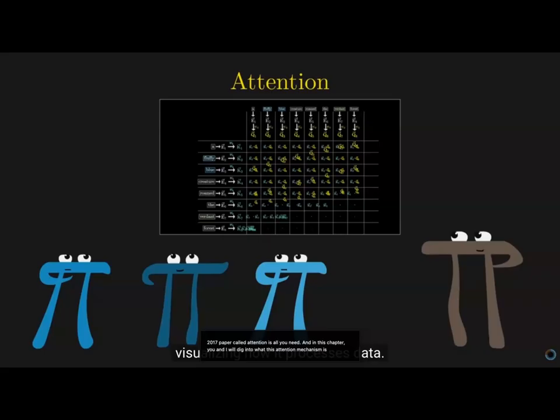Does that make sense? Then it's also going to calculate Q1 with K2, Q1 with K3, and so on. This is my query, and this says how similar your key is to my query. That's the semantic meaning behind this table. Make sense?